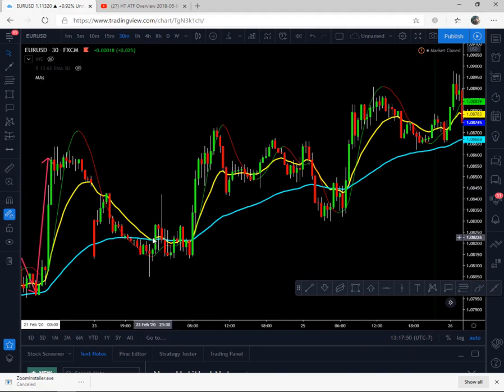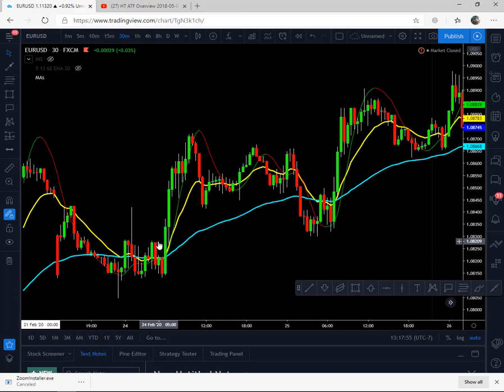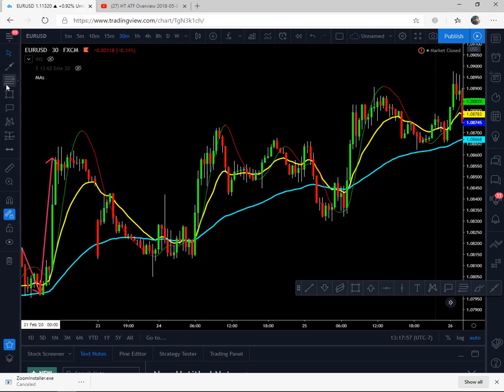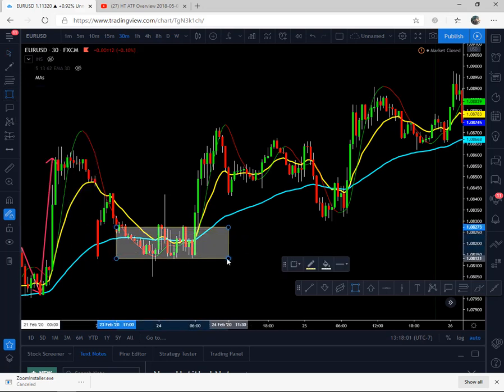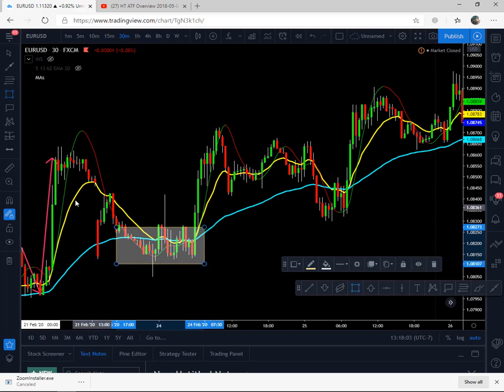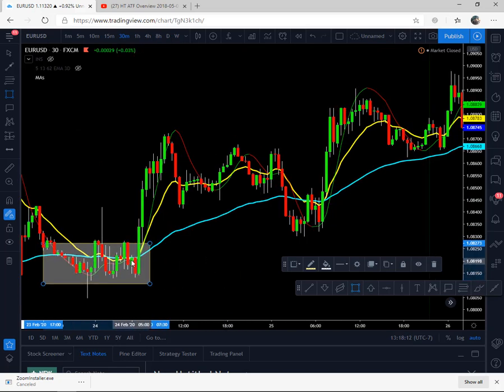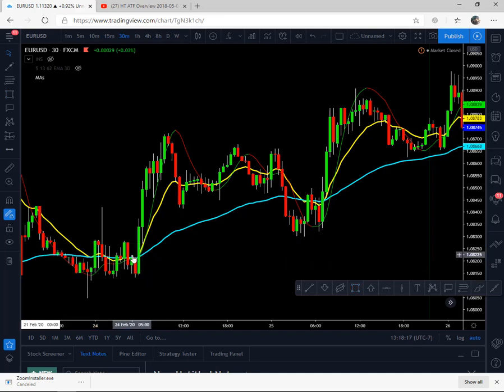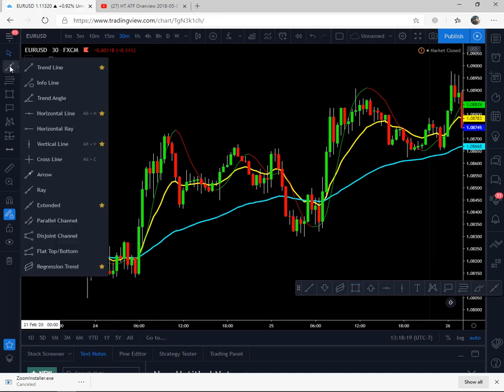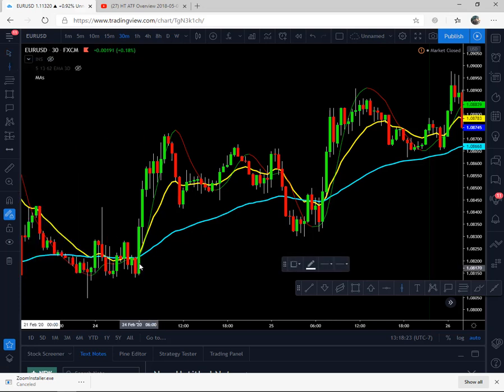So when the 13 and 62 cross multiple times, like here, that's pretty much some consolidation, and that's what happened here. It was some consolidation, and price decided to do the final cross of the 13 62, which occurred right here.